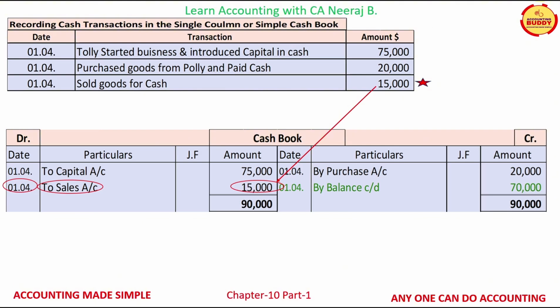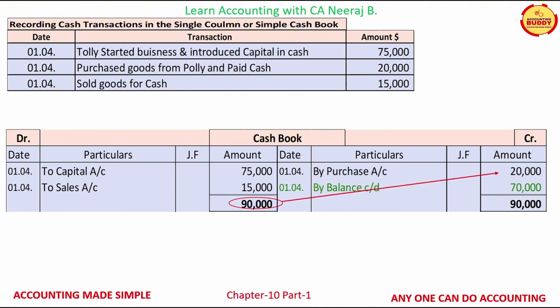Now let us do the balancing of cash account for 1st of April. Since cash account will always have a debit balance, let us first total the left hand debit side transactions of the cash account, which in our case comes to $90,000. Then from the total of left hand debit side, deduct the total value of all the transactions on the right hand credit side.